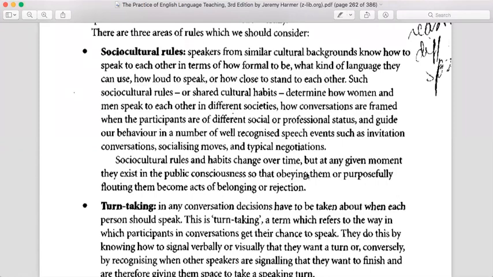And at any given moment, they exist in public consciousness, so that obeying them or purposely flouting them becomes an act of belonging or rejection. They keep on changing, and they are taught accordingly. People keep on following, and they are being judged whether they are obeying the rules or flouting them.